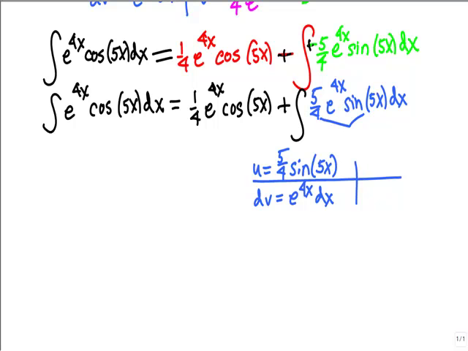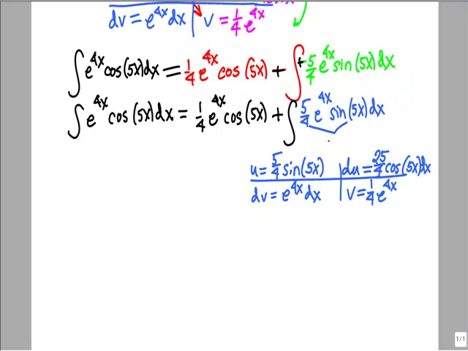And now du, the derivative is 5/4 times 5, which is 25/4 cosine 5x. And v we had already done is the antiderivative of that, which is 1/4 e to the 4x. And don't forget, I need that dx on the du.